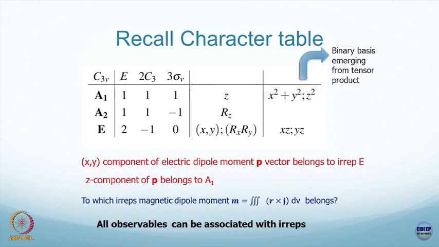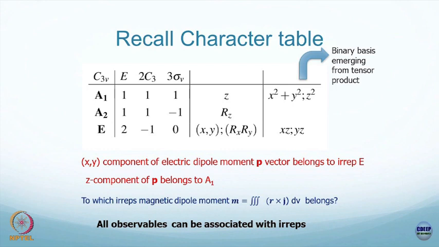Okay. So, with this warm up, let us also recall, since I have already said this now, you can see that the A1 irrep in the binary basis will be a dot product of two vectors in the xy plane, which is x squared plus y squared if both the vectors are one and the same, and it could also be just z squared, that could also be a binary basis. These are the primary bases z, rz, it can be x and y, it can also be pure rotations, does not distinguish for you whether it is a polar vector or an axial vector.